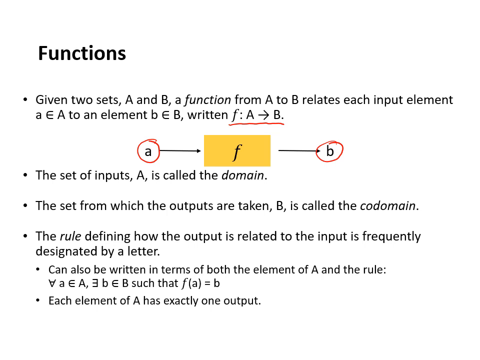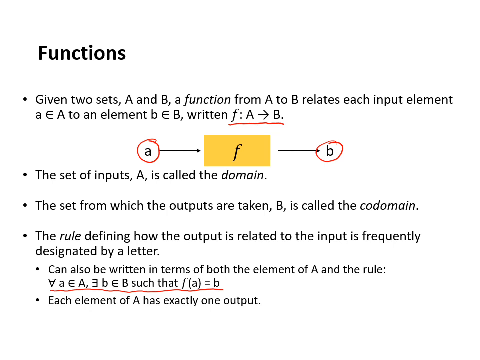The rule that defines how the output is related to the input is frequently designated by a letter. In our case, we used F. We can also write it in terms of both the elements of A and the rule. So for all a element of A, there exists b element of B such that F of a is equal to b.